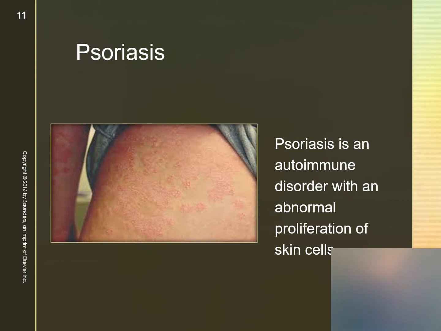Some people will have systemic effects of this disease, such as psoriatic arthritis. We will see erythema with silvery scales and lesions on the skin of these clients. There is no cure, but symptomatic treatment would be done. We can use drug therapy, biologic therapy, and photochemotherapy.